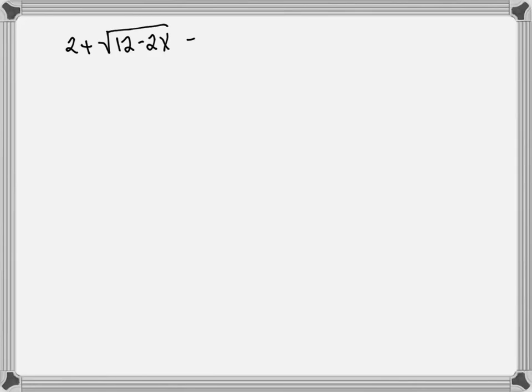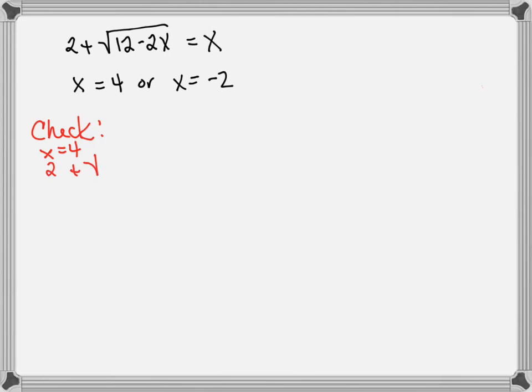So my original equation, remember, was 2 plus the square root of 12 minus 2x equals x. We just found x equals 4, or x equals negative 2. So now let's check x equals 4. Substituting that in, we get 2 plus the square root of 12 minus 2 times 4.